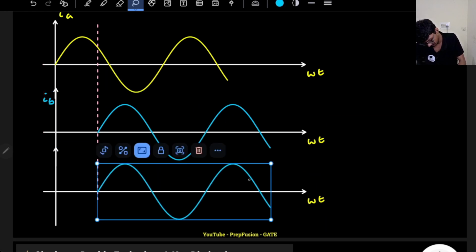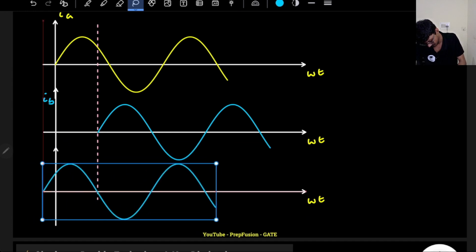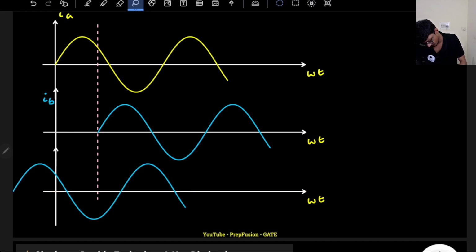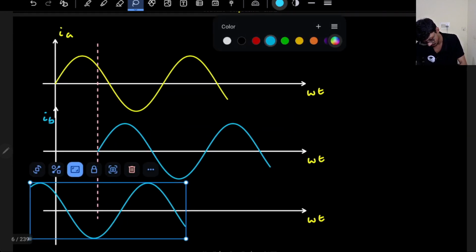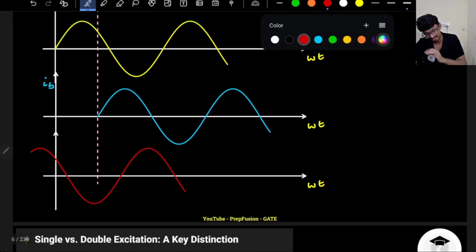So C, I can say it leads by 120. So basically it will be somewhat like this. This will be the IC current, IC is red. Either you say it leads by 120 or lags by 240.